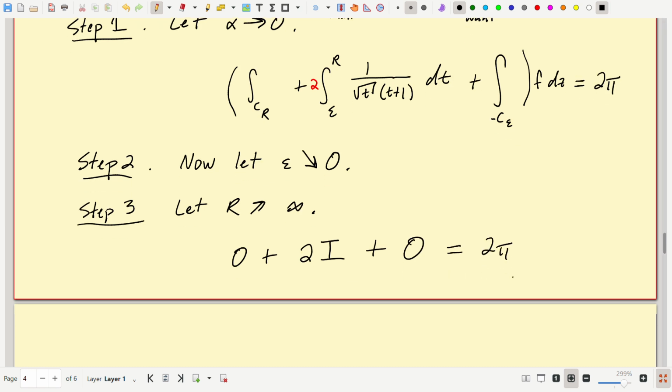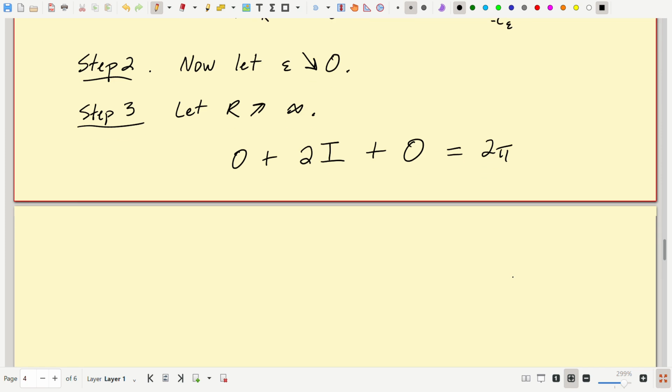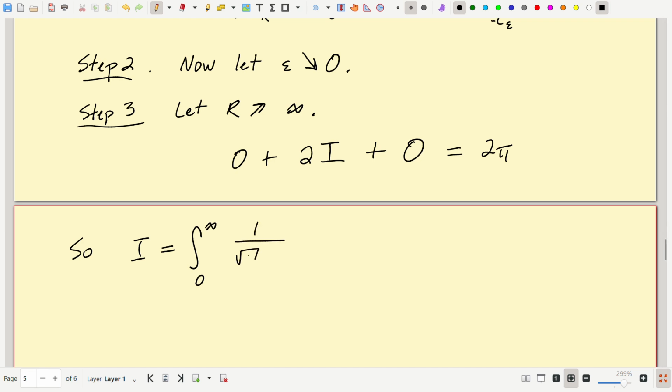So we conclude that the integral we want, the integral from 0 to infinity of 1 over square root of t times t plus 1 dt, is equal to pi. That's the right answer.